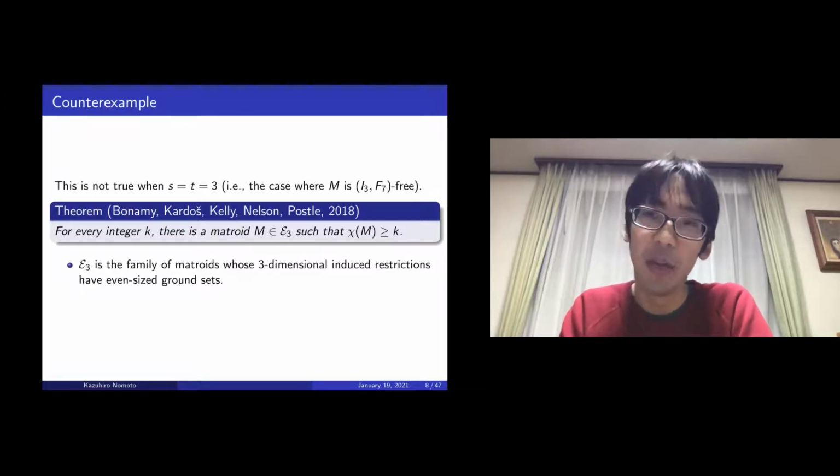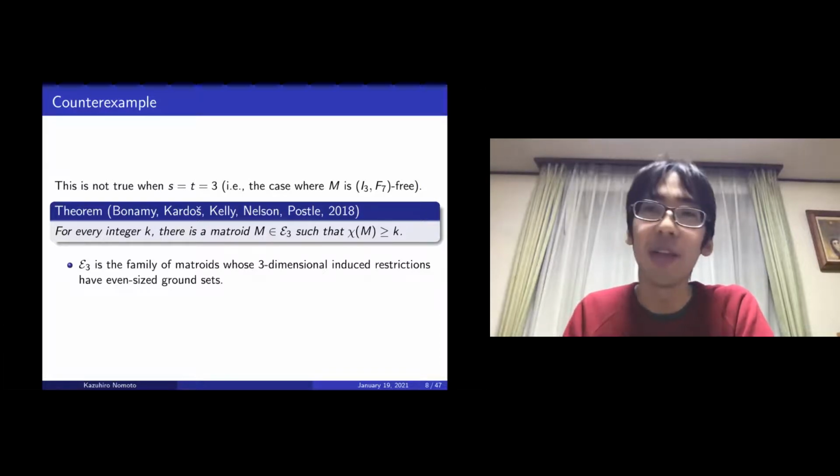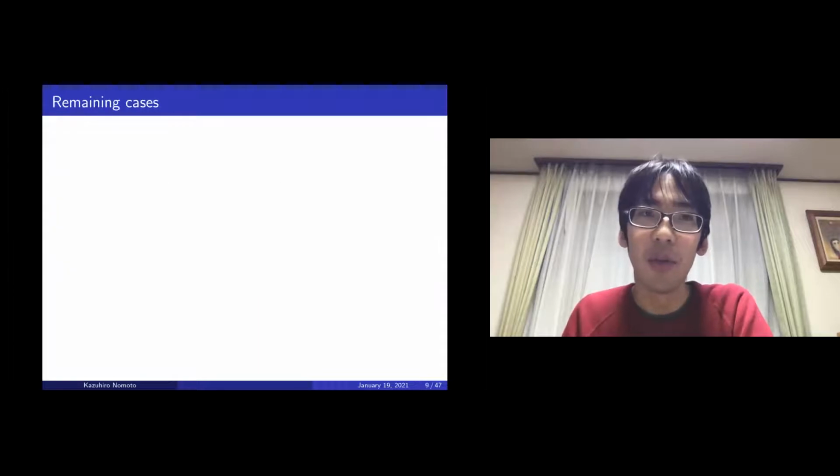So that's bad news. And if you're interested, these matroids all have the property that if you take a 3-dimensional induced restriction, then you get an even number of elements in that induced restriction. Okay, so that's not good news.